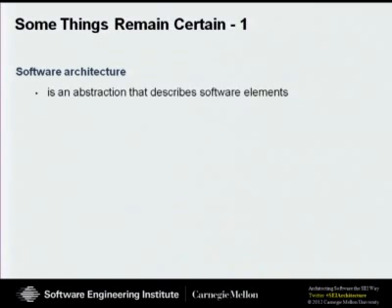One is that software architecture is an abstraction of the architecture for the system. It's an abstraction that describes software elements. What is an abstraction exactly? An abstraction is a model of something. An abstraction shows important details and does not show unimportant details.